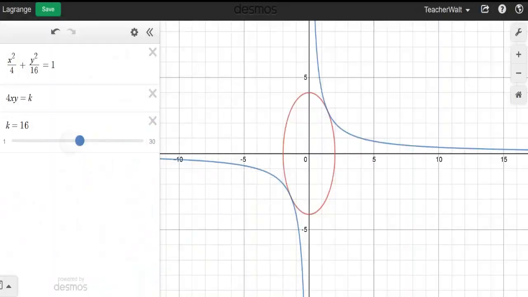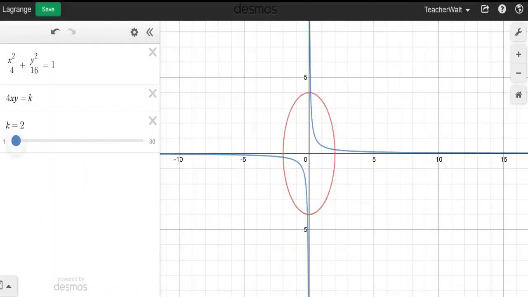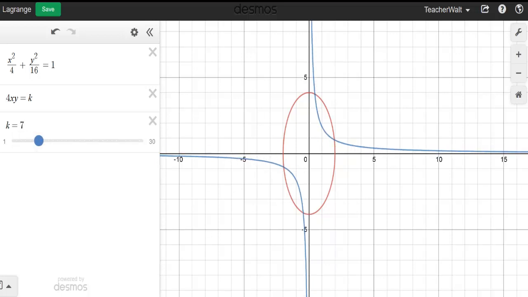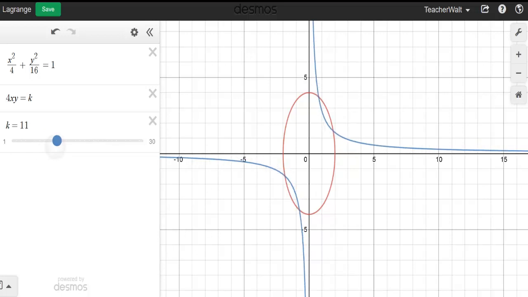Okay, so here is the situation when the area is 2. Here's the situation when the area is 3. So think about the tangents. Think about the tangent of the ellipse, and the tangent of the hyperbola as I move to the right. So when the area is 8, here's the intersection. 9, 10, and so forth.